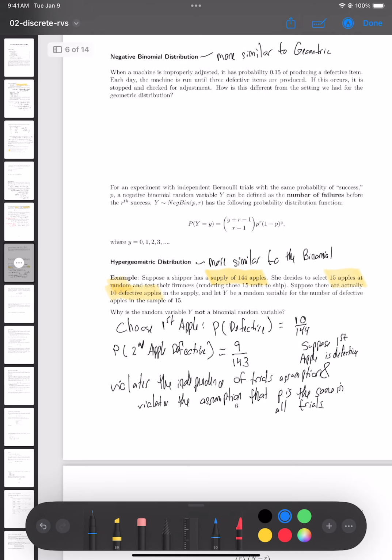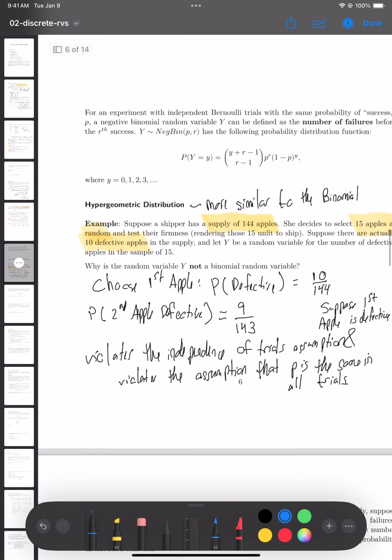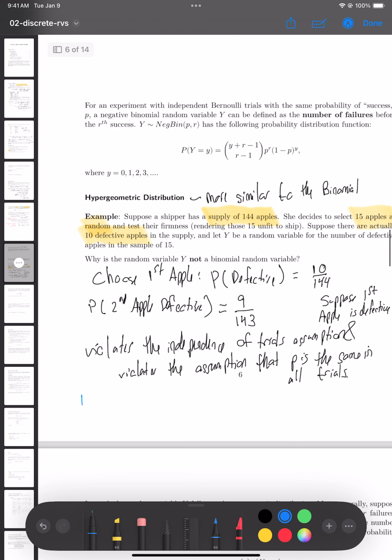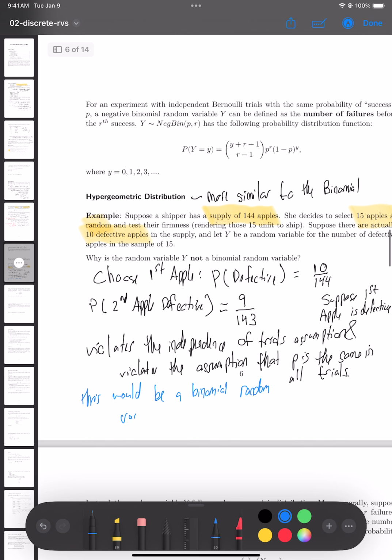One other way that you could think about this is, this would be a binomial random variable if we sampled the apples with replacement.